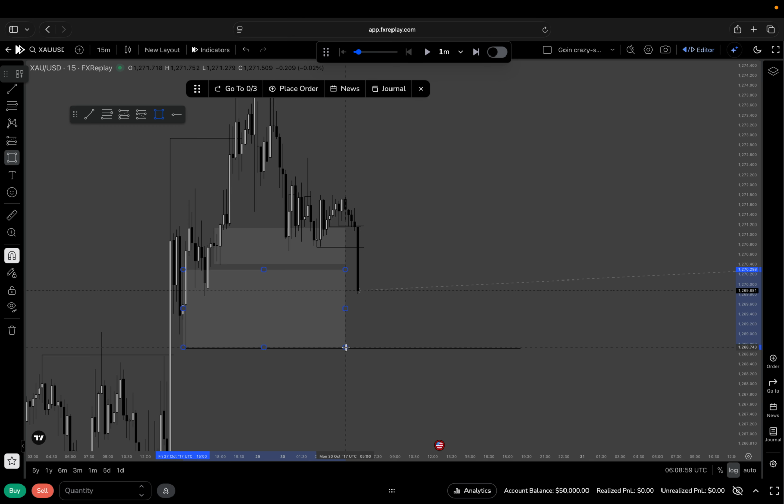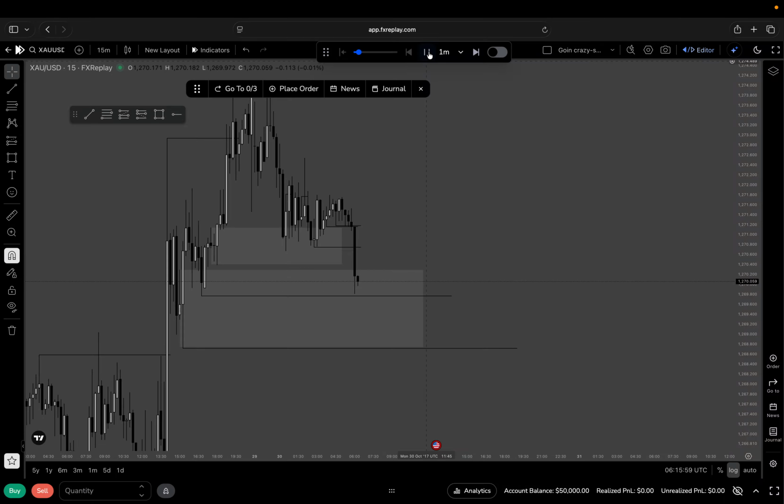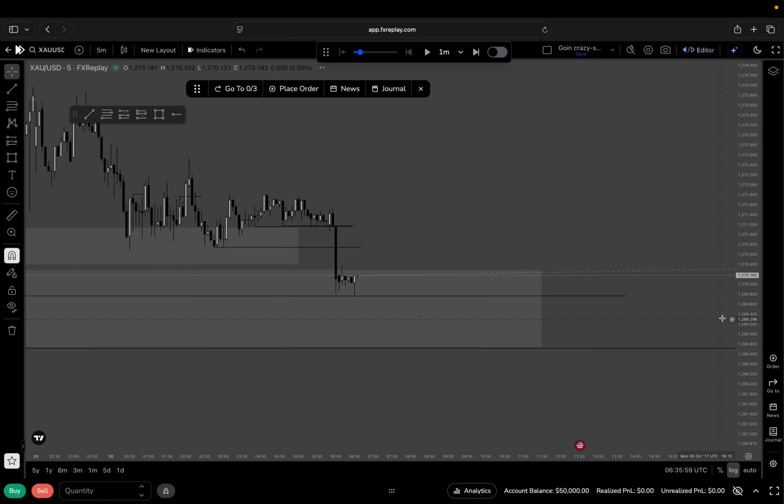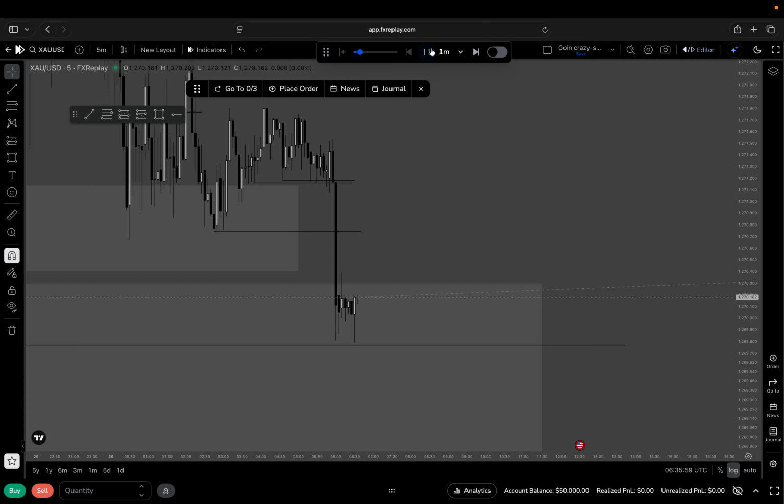Going deep into the retracement. Okay. It's okay if price doesn't break that low. We just need a sweep.